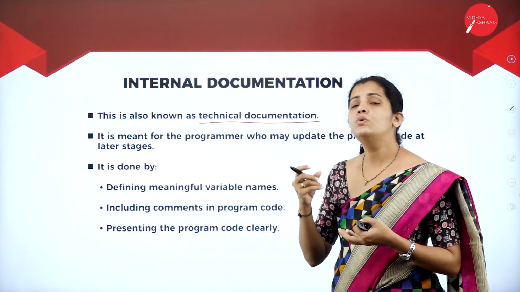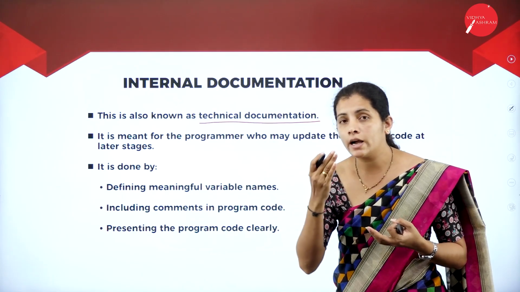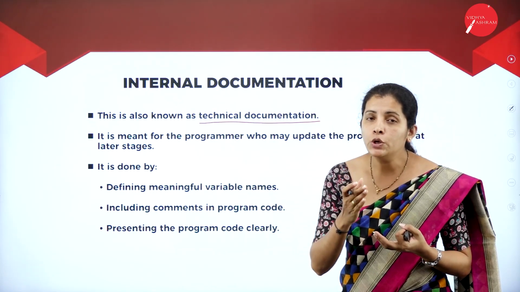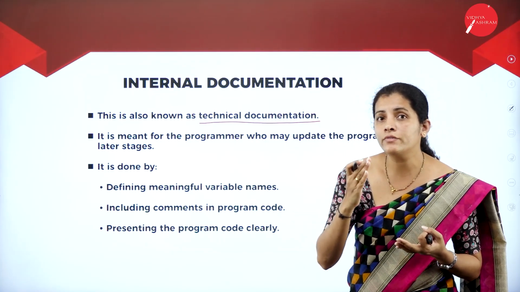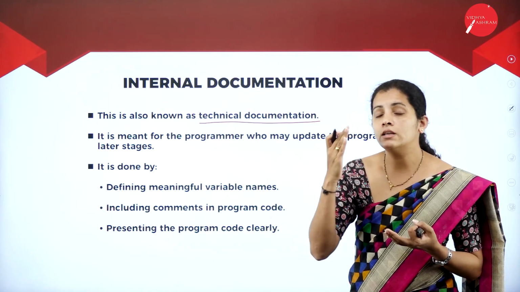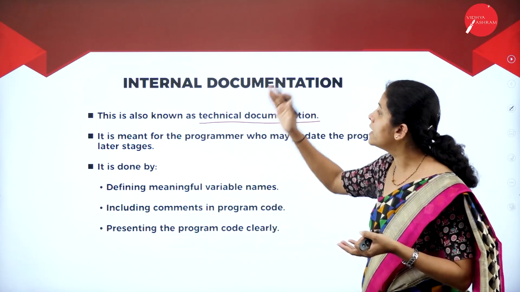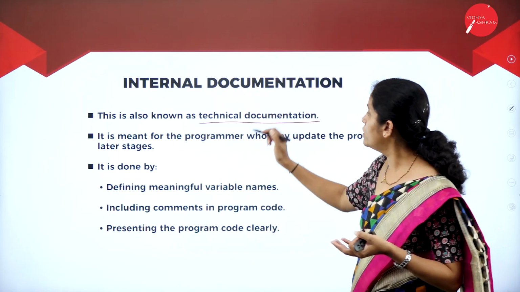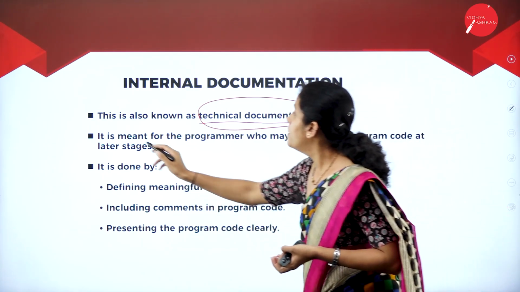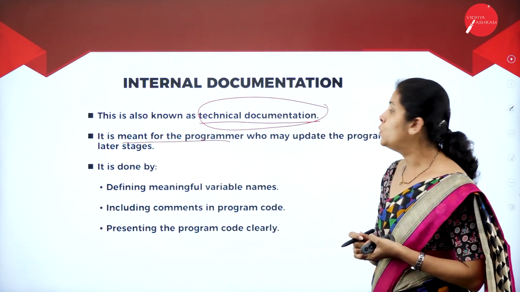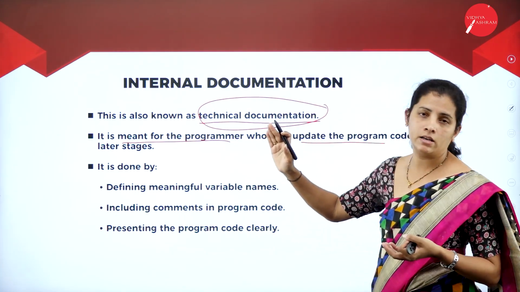That means it gives complete information about what kind of technology is being used, what programming language is used, what constructors are used, and what semantics are used. It gives complete information about your program, so it is called technical documentation. It is meant for the programmer who may update the program code at a later stage.